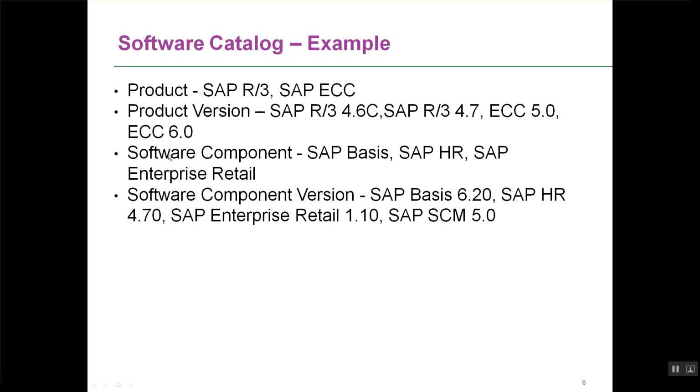All of this forms what we call a software component, and the software component version is nothing but, for this software component, what is the version? Your SAP Basis software component can have SAP Basis 6.2, can have version 6.4, can have 7.0, and so on. Same way for HR, same way for enterprise retail. So the idea is your software components will have software component versions and your products will have a product version.